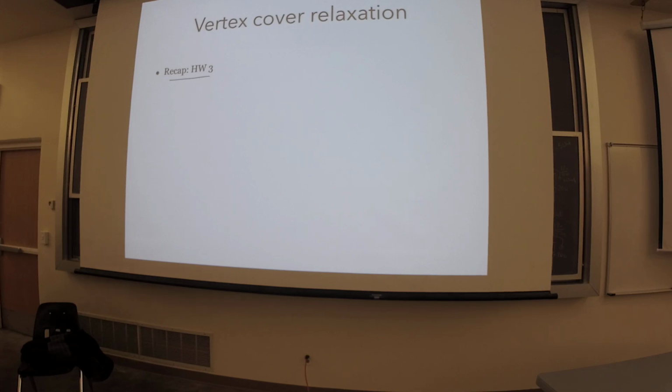Right? So basically the problem is you have a graph, unweighted, undirected, and you want to select a subset of vertices of minimum possible size such that every edge is covered by one of its corners.